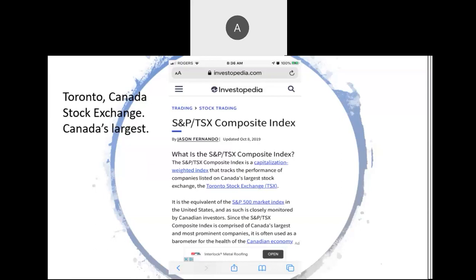The Toronto Stock Exchange, Canada's main stock market and the largest one. There are several stock markets in Canada. There's one in Montreal, there's one in Alberta, there's one in British Columbia, various commodities indices across the country.